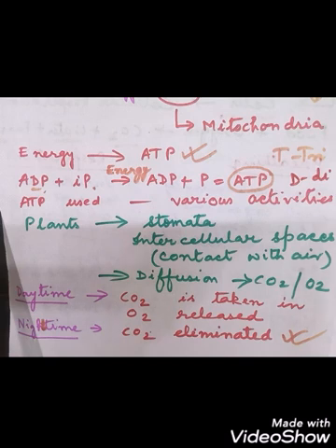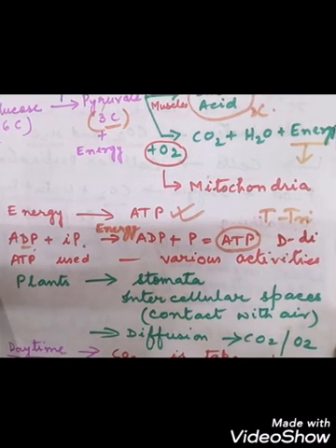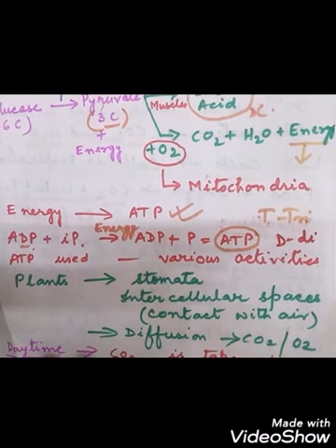So in aquatic animals, the rate of breathing is quite faster, because dissolved oxygen is much less in water than in the air. So fishes will always open their mouth and force the water to the gills, where the diffusion of oxygen will take place.